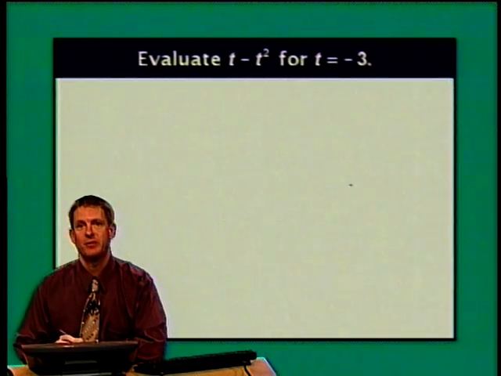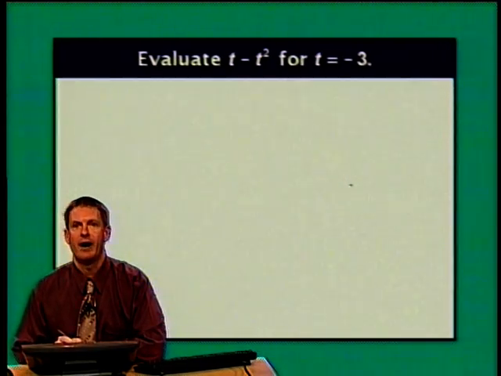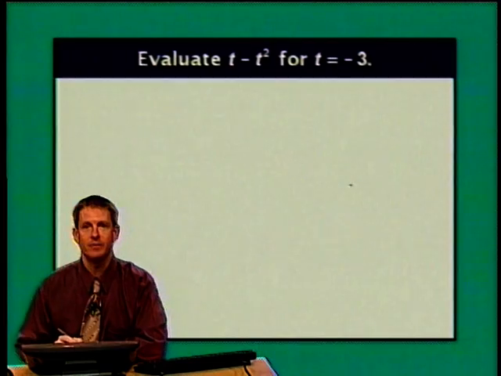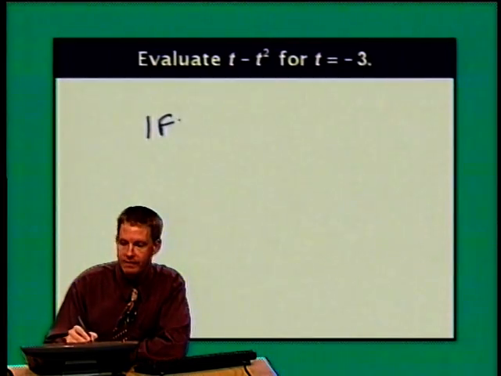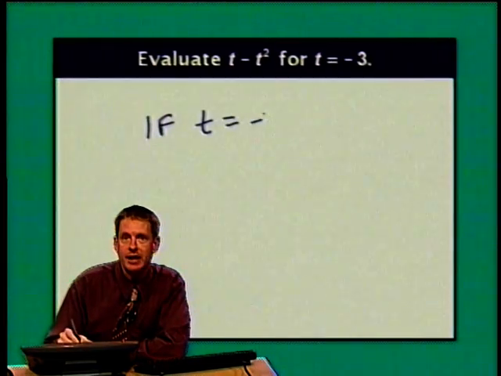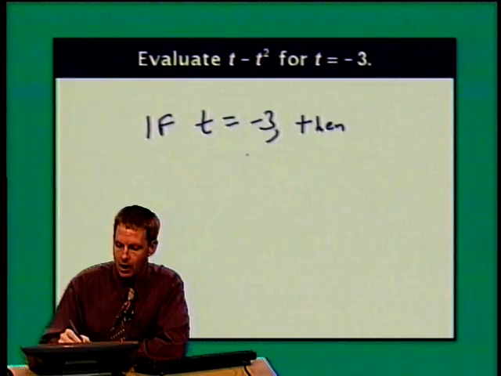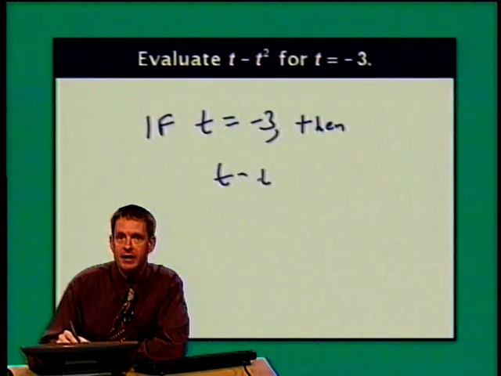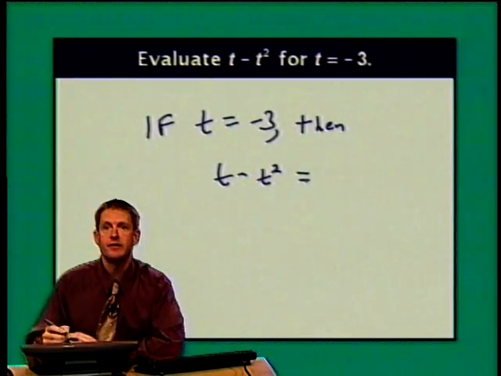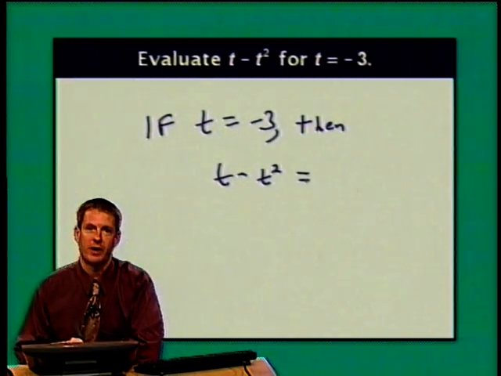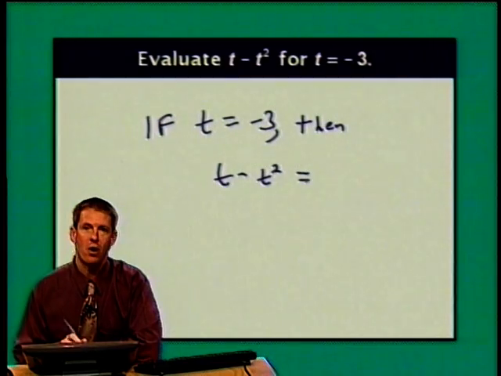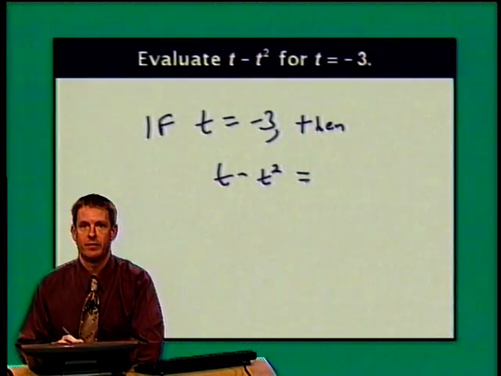Let's evaluate the expression t minus t squared for t equals negative 3. If t equals negative 3, then our expression t minus t squared is going to be the number negative 3 minus the result of squaring negative 3.